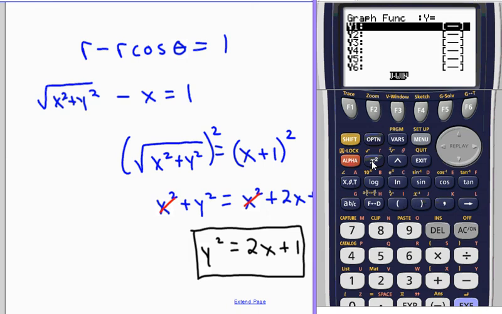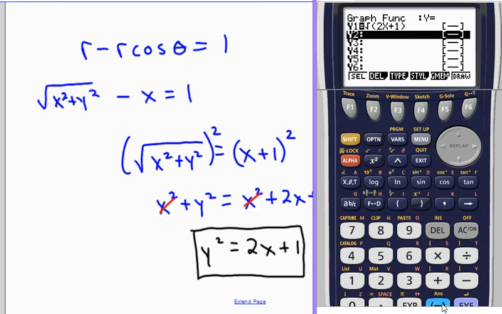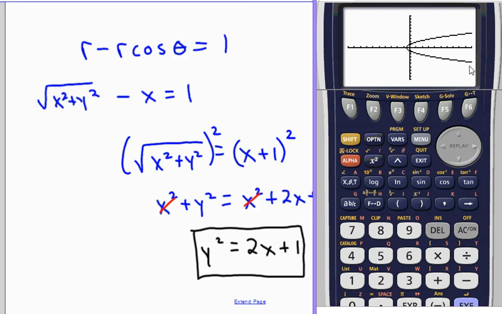I'd have to do the square root of 2x plus 1, and I'd have to do negative square root of 2x plus 1. Look at the sideways parabola.